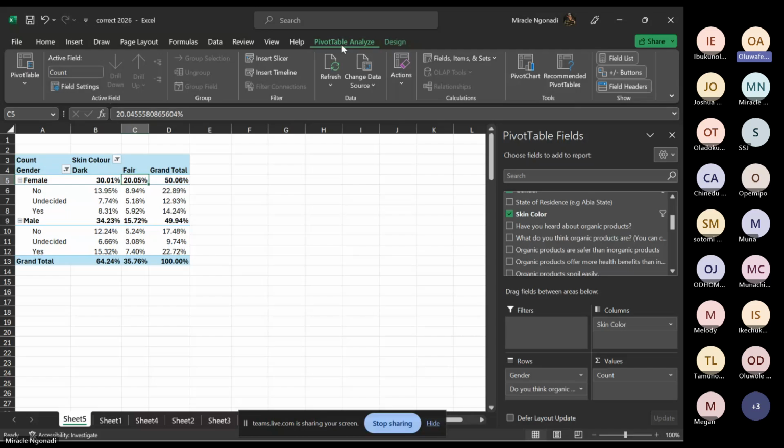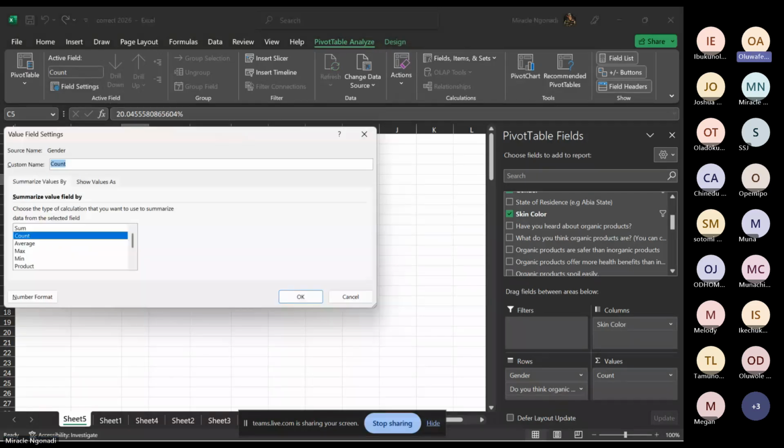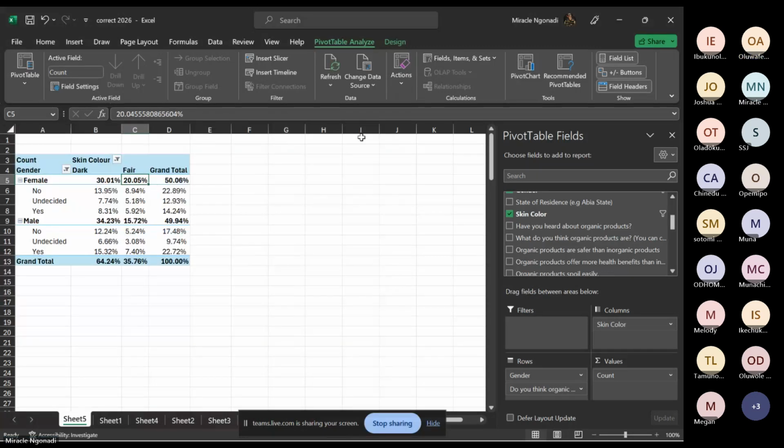Now click on that field settings. You see field settings at the good. What does it show? It says counts. Okay, just click OK, take it out. I think it doesn't show in yours. There should be a place where we can take this percentage out. Just click OK. That is if you want to. It doesn't show here.